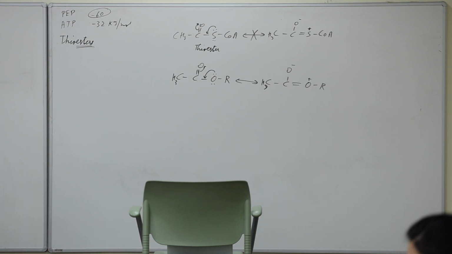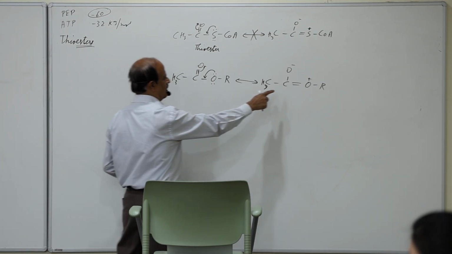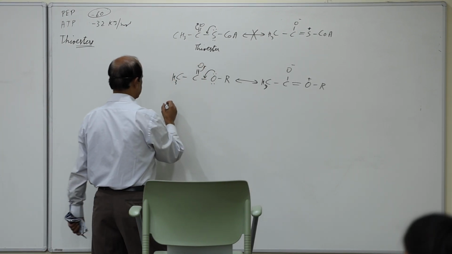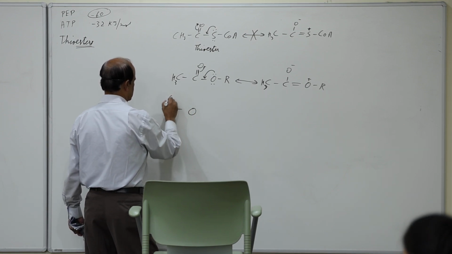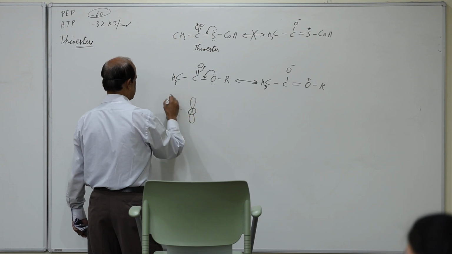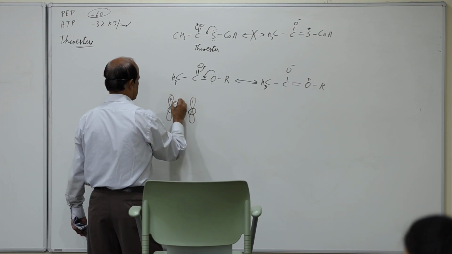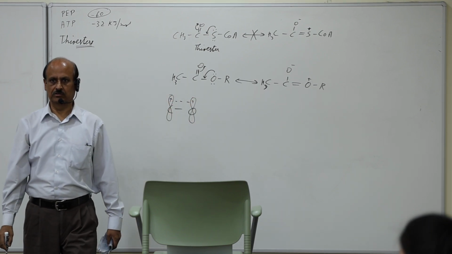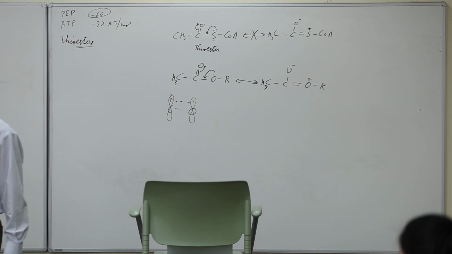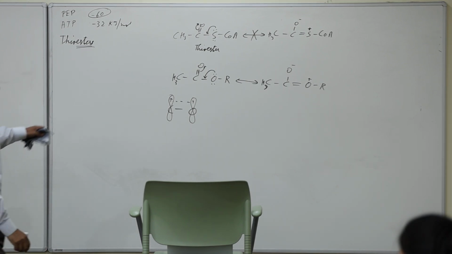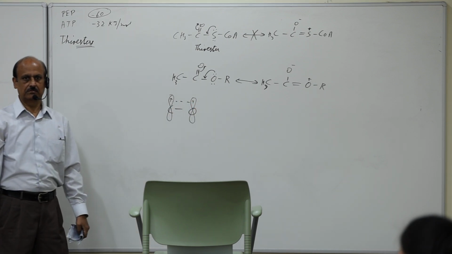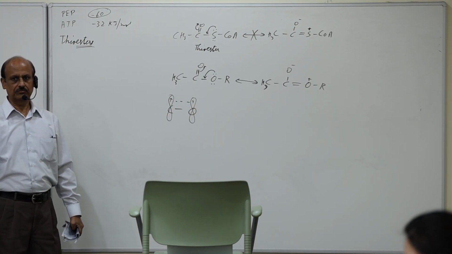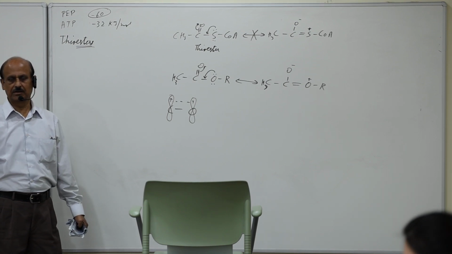This again you have studied in organic chemistry. How is a double bond formed? You have carbon and oxygen. That forms a sigma bond, and there is a p orbital and a p orbital with 2 electrons, and they overlap to form the pi bond. This kind of overlap can happen if the 2 p orbitals are of similar size. If they are not of similar size, then you don't get a good overlap.